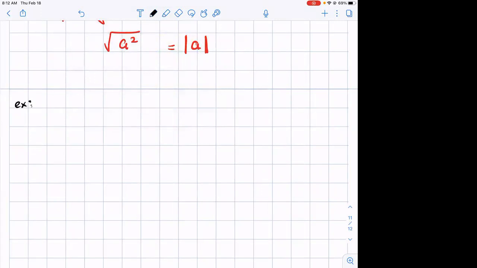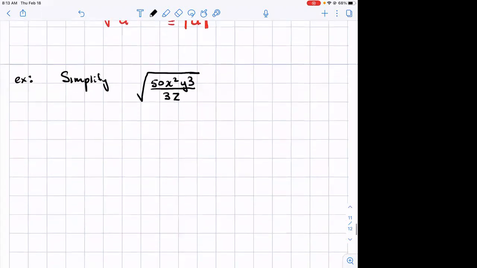But let's look at one more example before we finish. Example. Simplify the square root of 50 x squared y cubed divided by 3z.